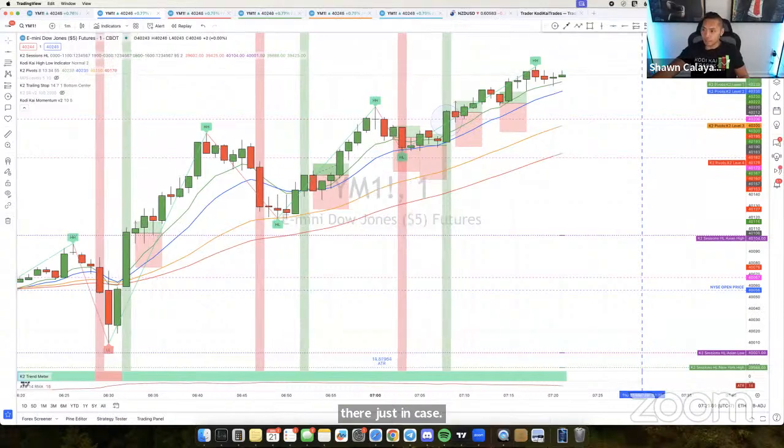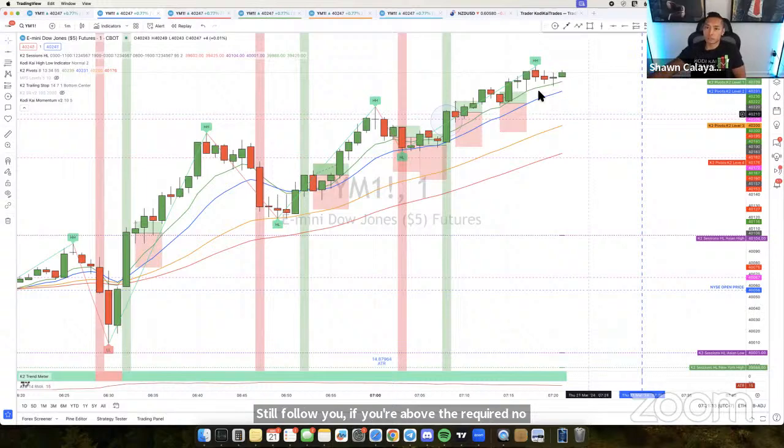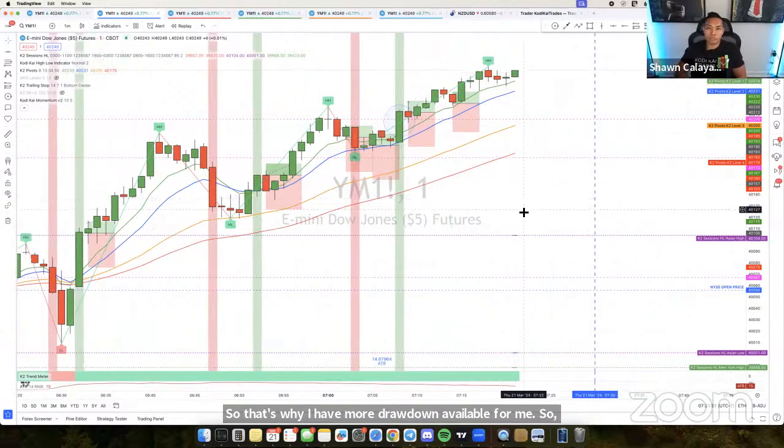Let's see. Forlin is asking, after you're funded, does your trailing stop still follow you if you're above the required drawdown? No. So that's why I have more drawdown available for me, Forlin. On my main funded accounts, I had so much profit from the win streak that we had over the past couple of weeks that my drawdown is super high.